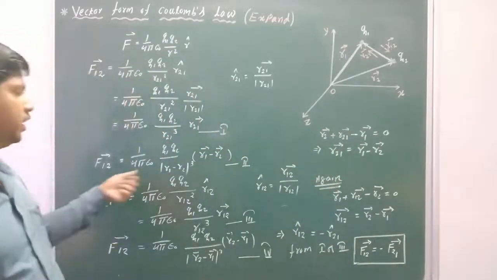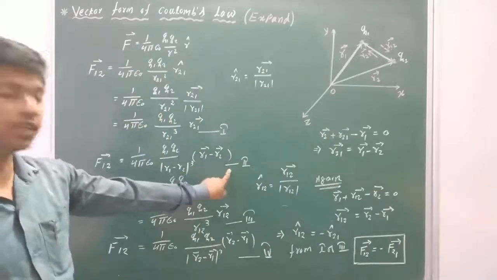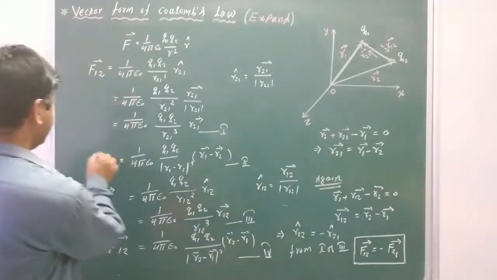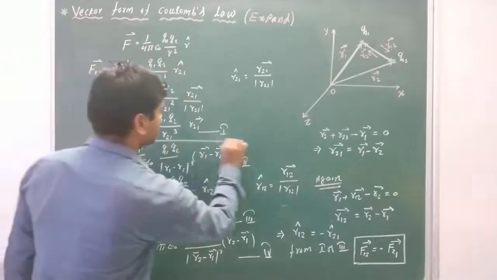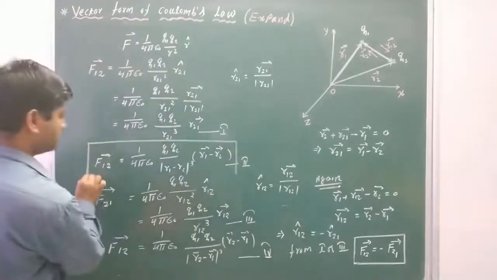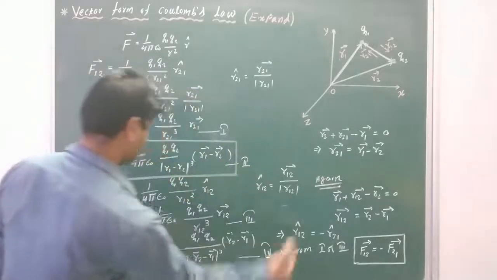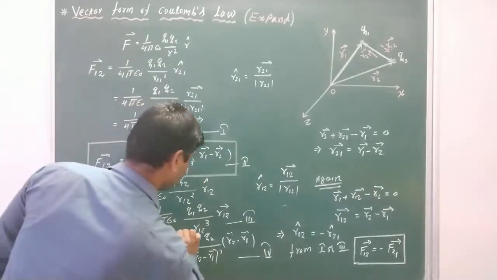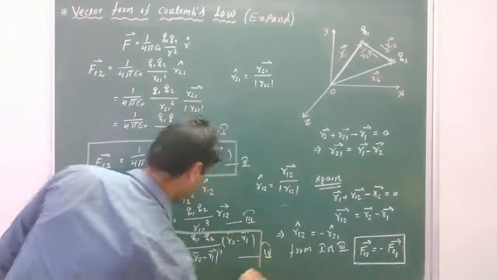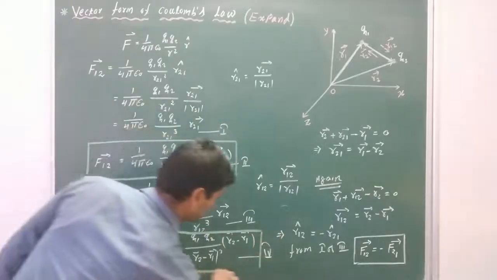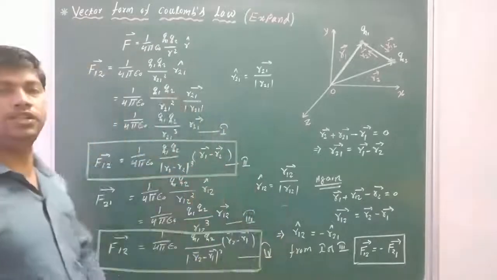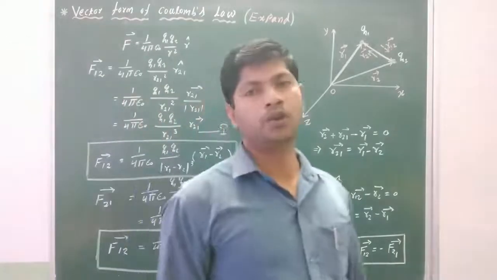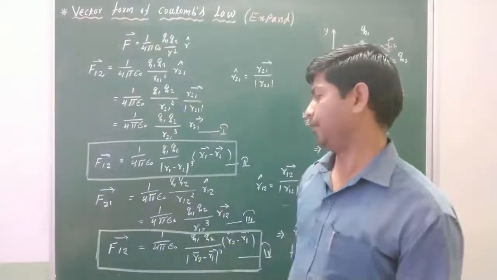And the second equation and the fourth equation, these two equations here, the first one and the second one, is your expanded form of Coulomb's law in the vector domain.